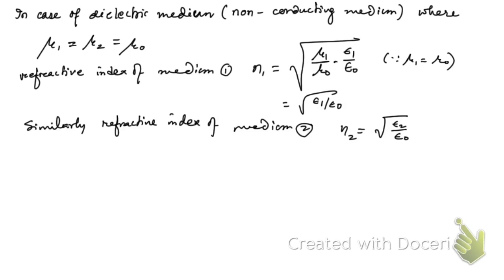So now you can see that n2 by n1, that ratio, is going to be equal to root over epsilon 2 by epsilon 1. That's what we have got.